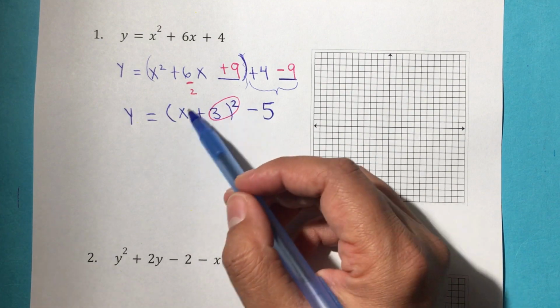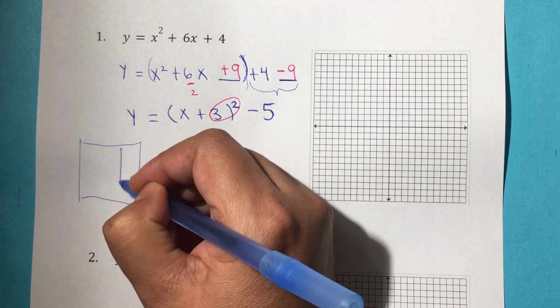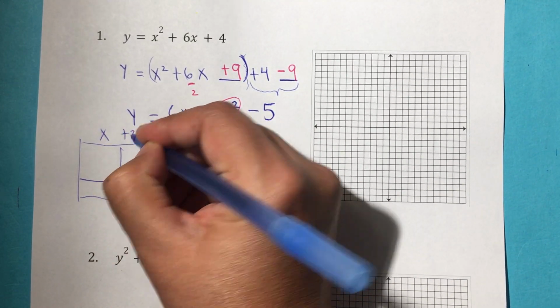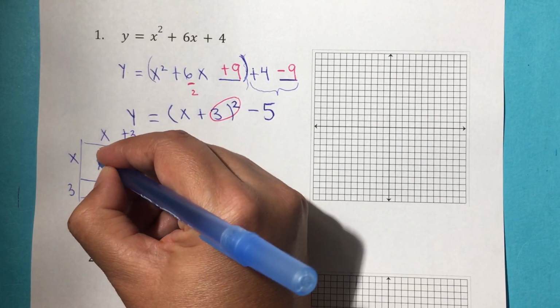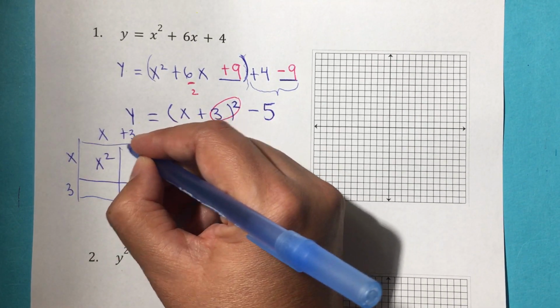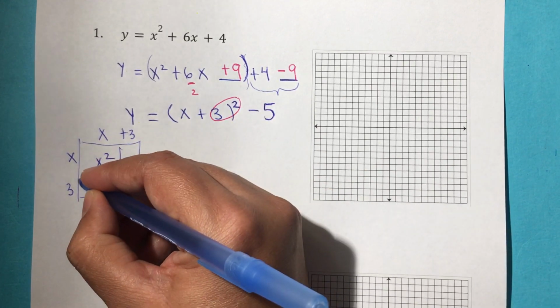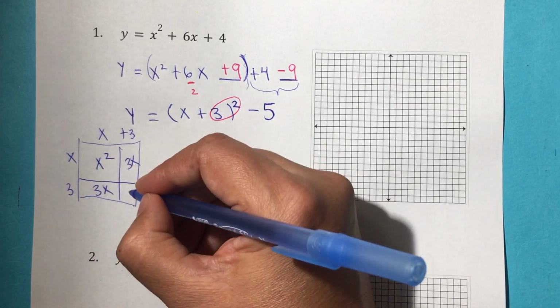This is a perfect square because this is the dimensions of x plus 3 times x plus 3. And x times x is x squared. 3 times x is 3x. 3 times x is 3x. And 3 times 3 is 9.